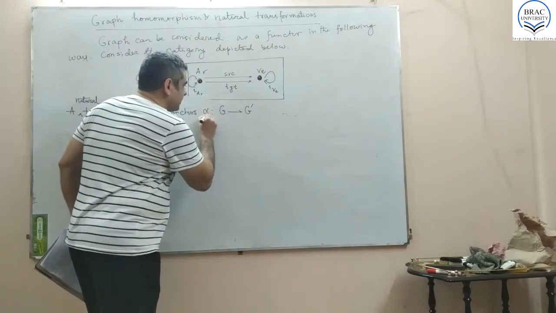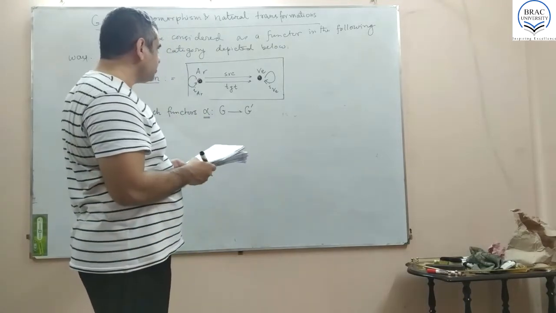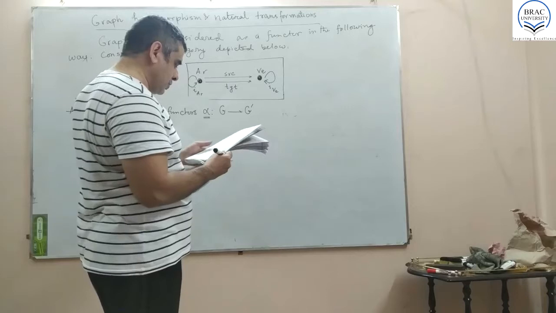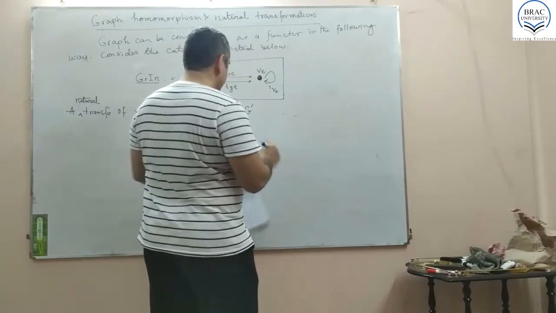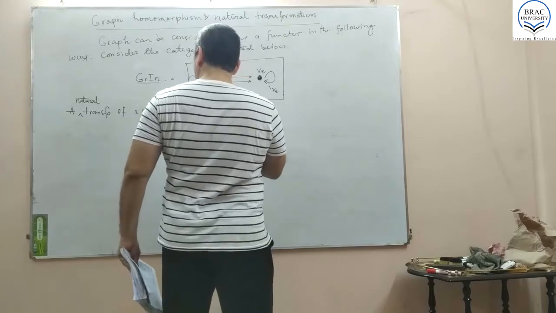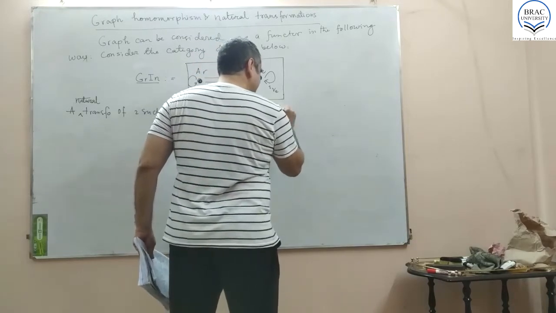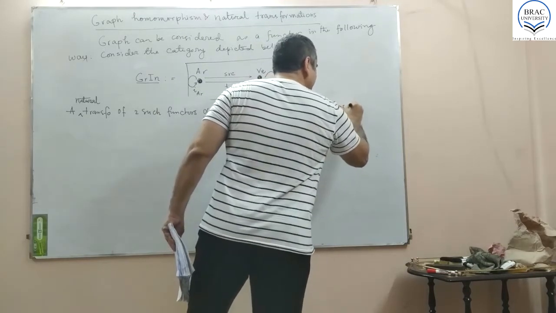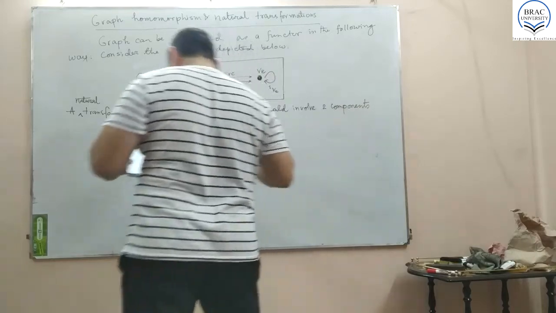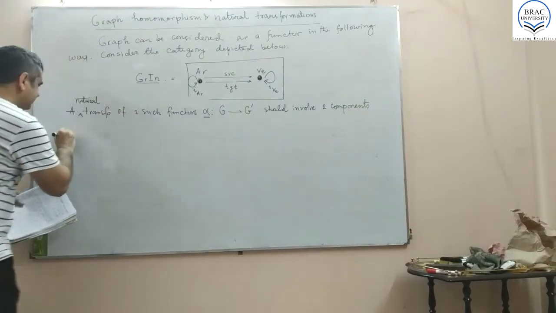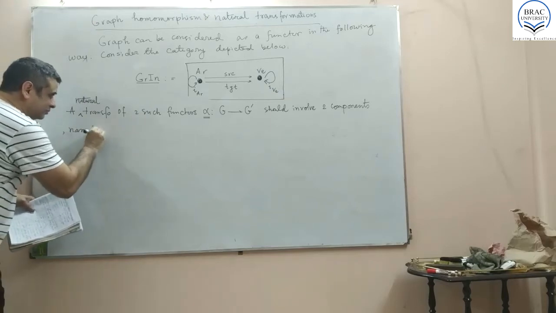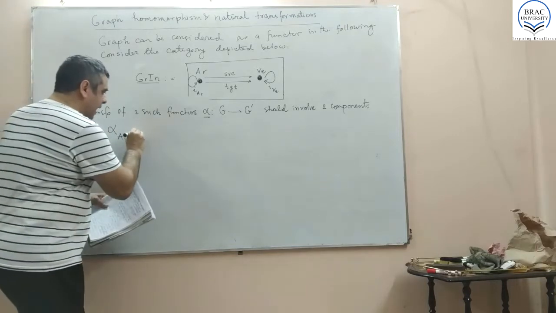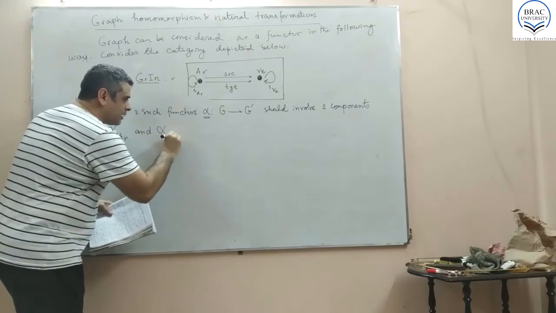And that involves, if this is the natural transformation, then this should involve two components, namely alpha sub AR and alpha sub VE.